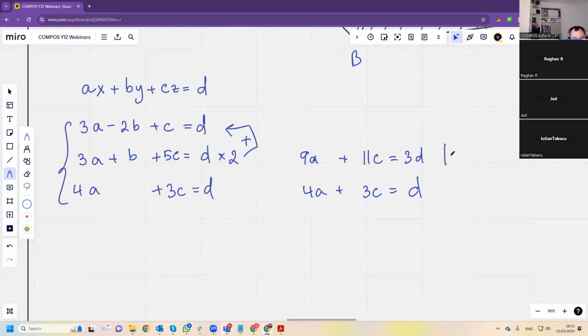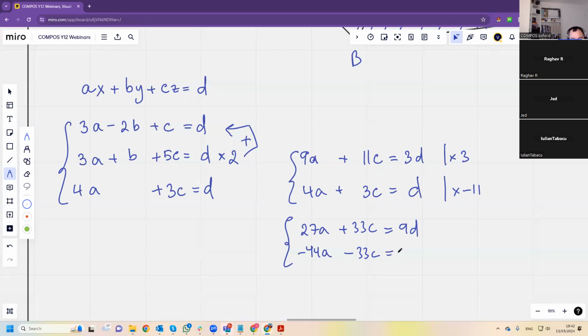Now we multiply this by 3 and multiply this by minus 11. What do we get? So it gets 27a plus 33c equals 9d. I multiply this by minus 11, minus 44a minus 33c equals minus 11d.